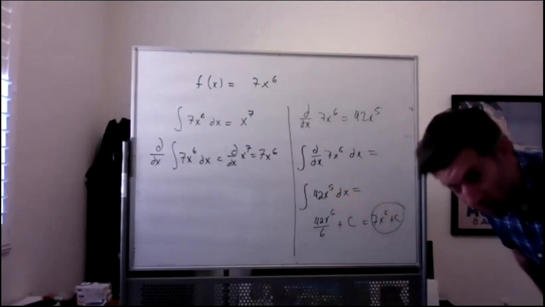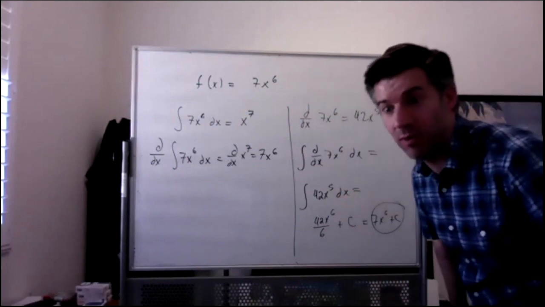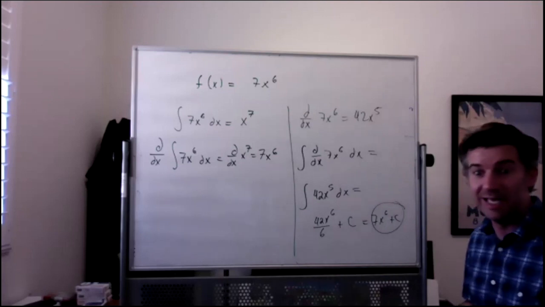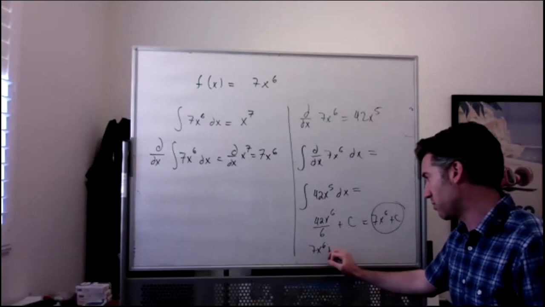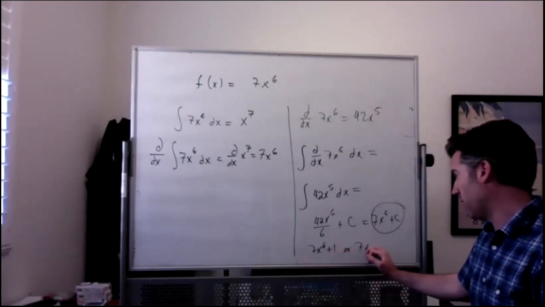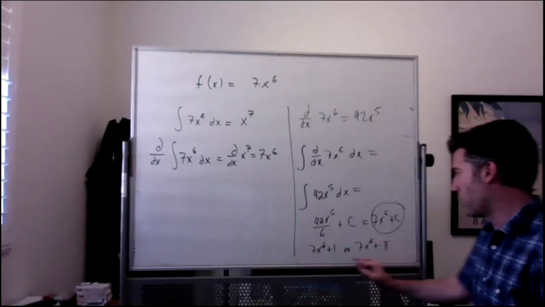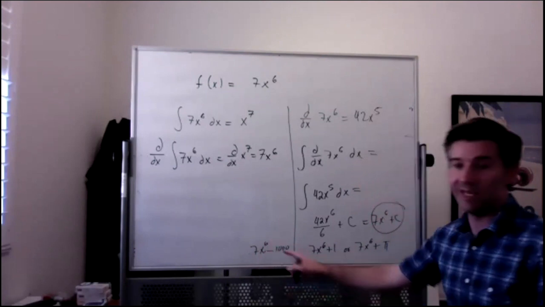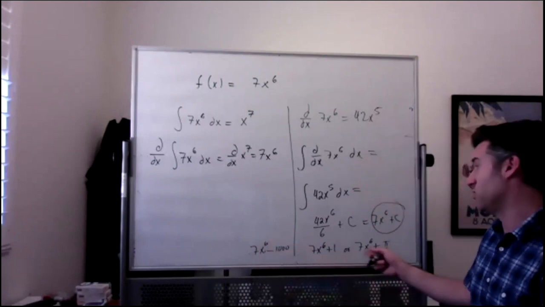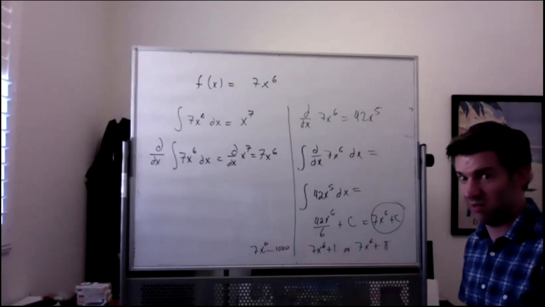The problem with that question is there are multiple answers. So my answer could be 7x to the 6 plus 1, or 7x to the 6 plus pi, or 7x to the 6 minus 1,000. And each of these functions has a derivative equal to 42x to the fifth.